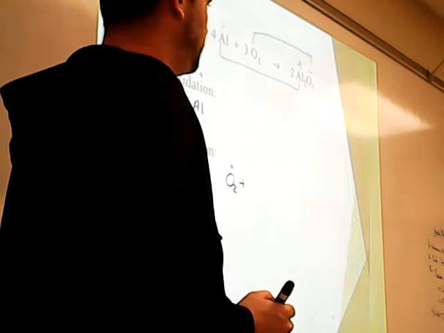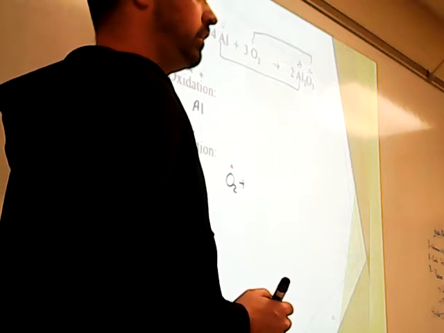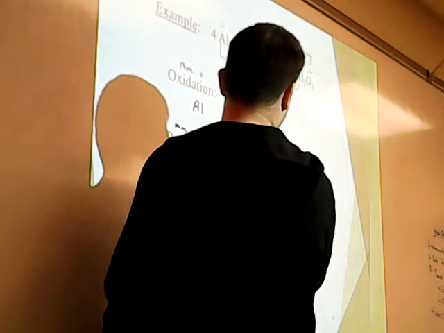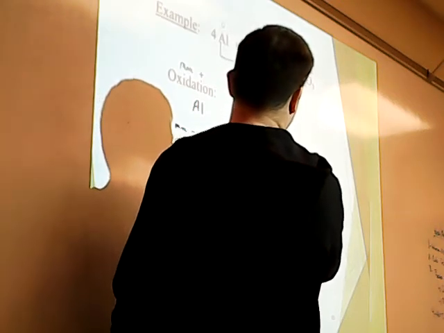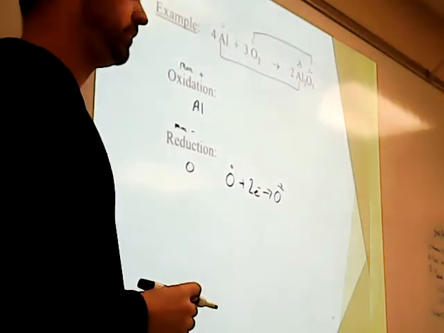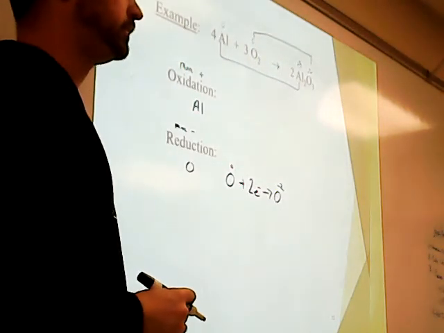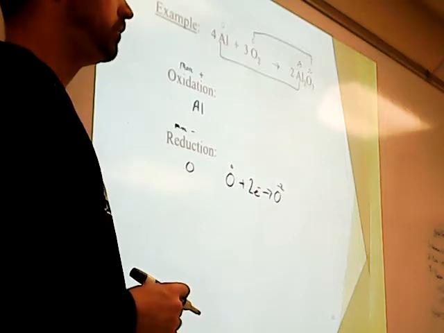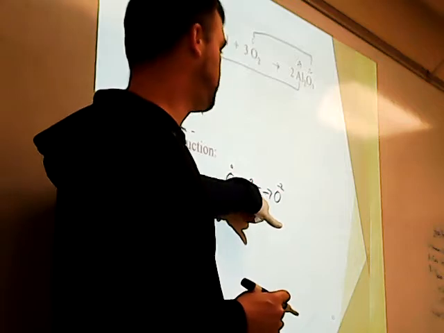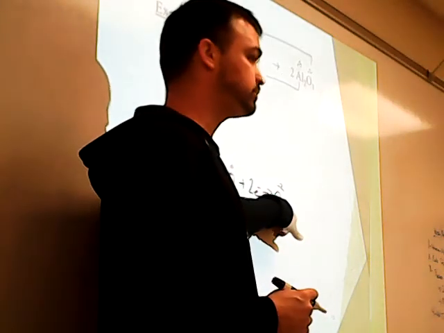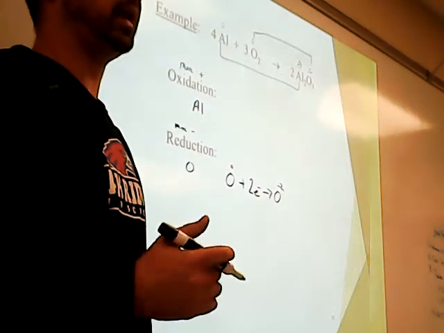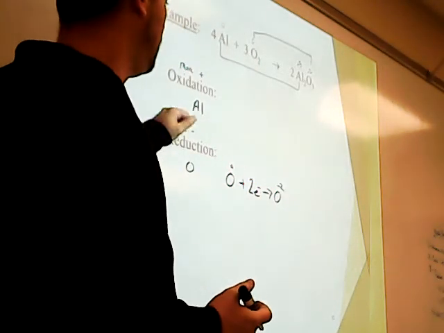We need to get to -2, so plus 2. 2 electrons will give me oxygen, and we can get rid of that O2 because this is just a half reaction. So oxygen 0 plus 2 electrons should give me oxygen with a -2 charge. And that makes sense, right? That's how you balance using electrons.